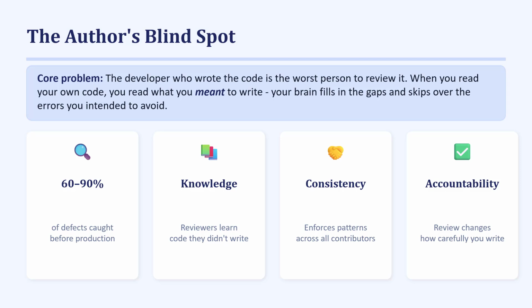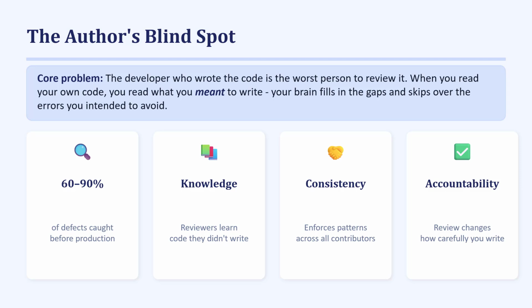And the person who wrote the code is often the worst person to review it because they'll read what they meant to write and not what they actually wrote. So when we have a second set of eyes, it often will catch what the first set has missed.